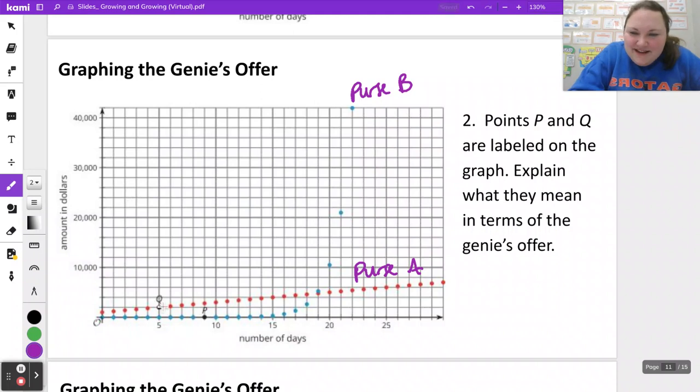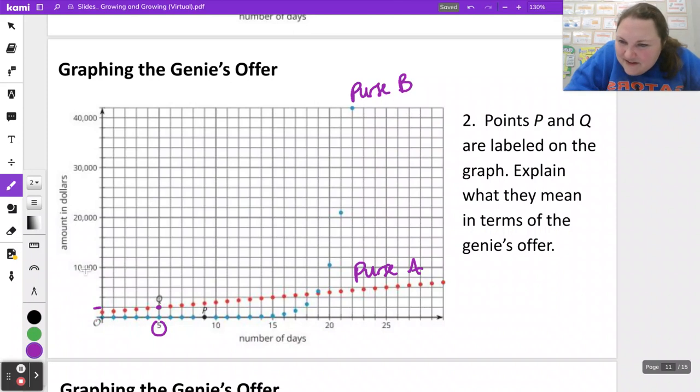Let's start with point Q here. Point Q is on the red line, so I know it's telling me something about purse A. If I look at the 2 numbers on our X and our Y axis, point Q is here at the number 5, so I know it's talking about day 5. And if I come over to my Y axis, it looks like it's at this line right here.